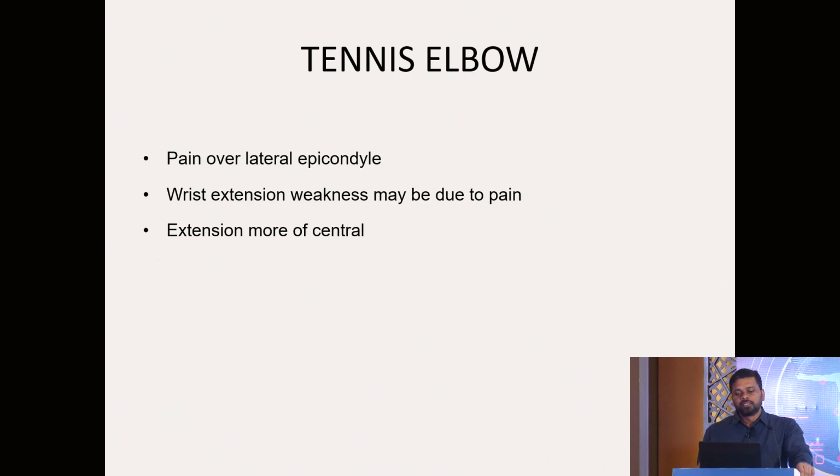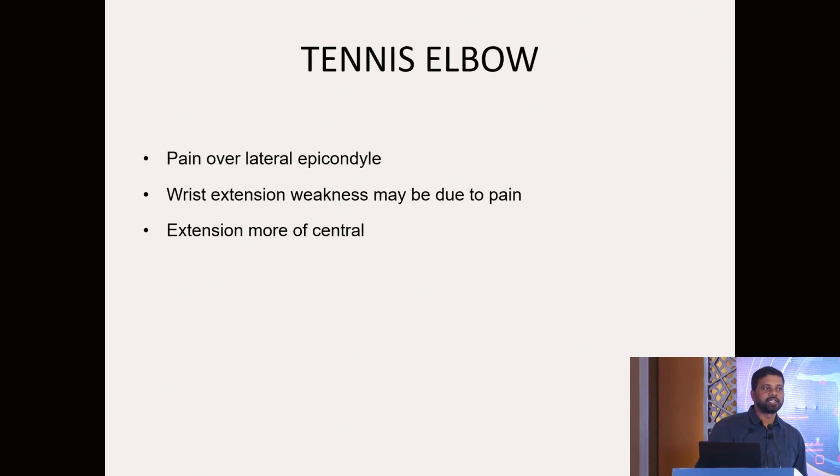The night pain will be more in the cases of PIN. And the posterior interosseous nerve supplies which muscles? The extensor compartment, including extensor carpi ulnaris. So the deviation will be more radially deviated in the PIN.